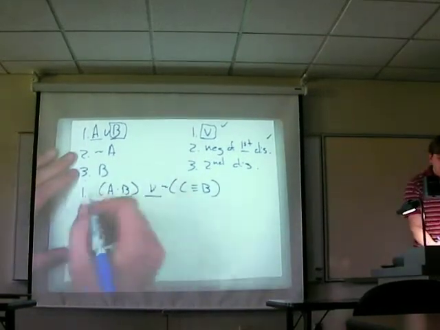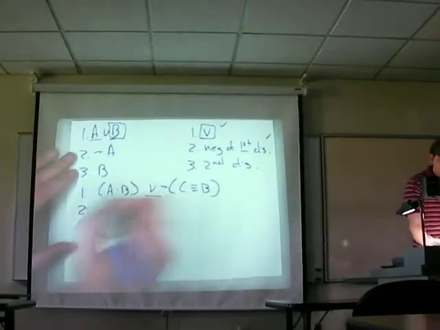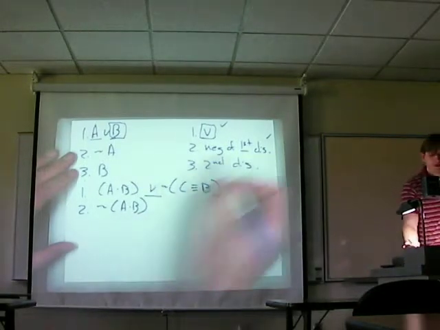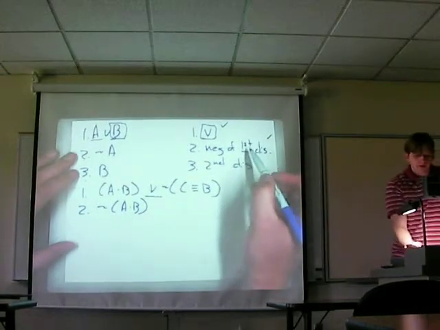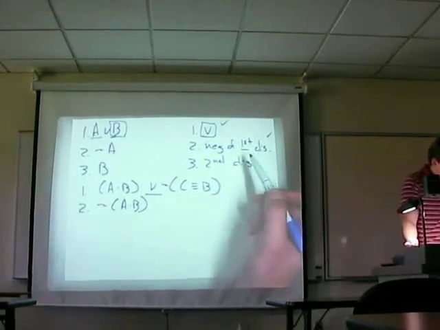We've got a wedge statement. Say on line number 2, that we've got not (A and B). Here, condition number 2 of disjunctive syllogism has been met: the negation of the first disjunct.